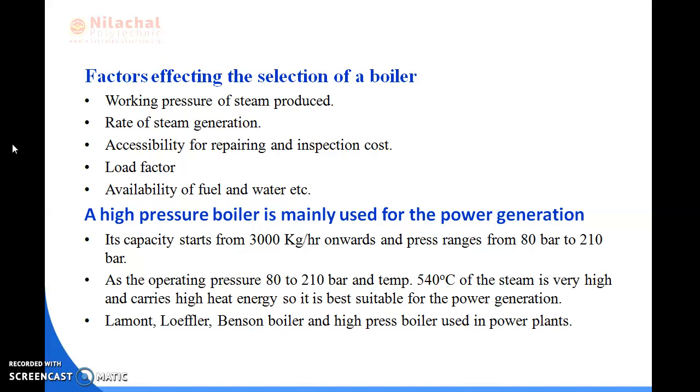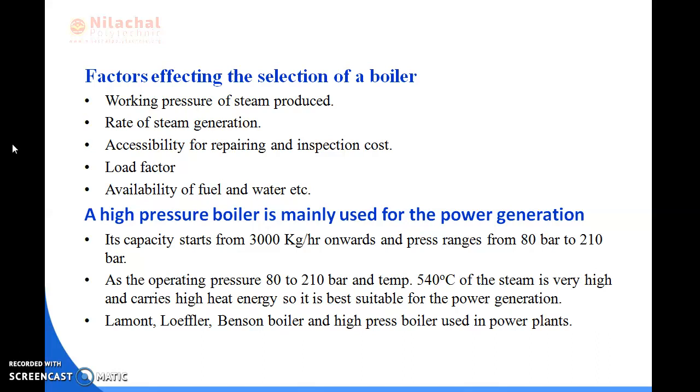For any type of application, whatever it may be, it needs some quantity of steam per hour. For each different application, there is a different requirement. So according to the requirement, we have to choose the boiler. Third is accessibility for repairing and inspection. For any type of breakdown problem, we have to shut it down and do the repairing and maintenance work.